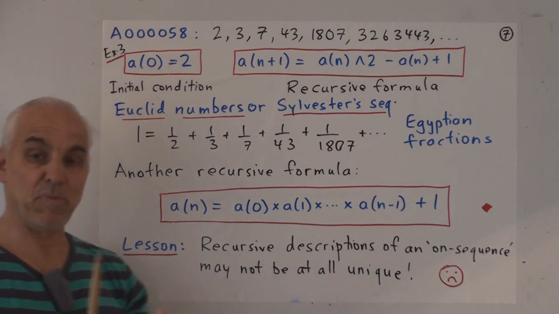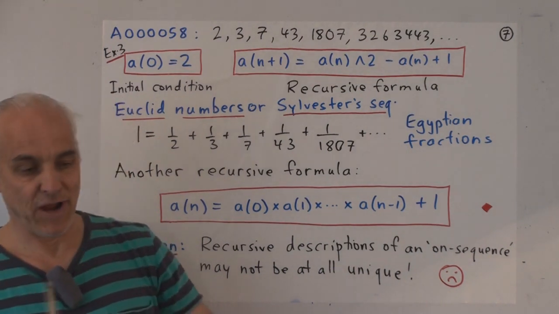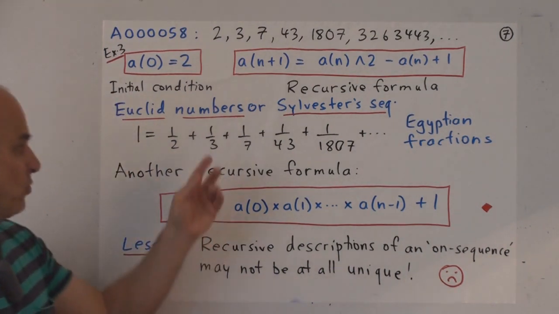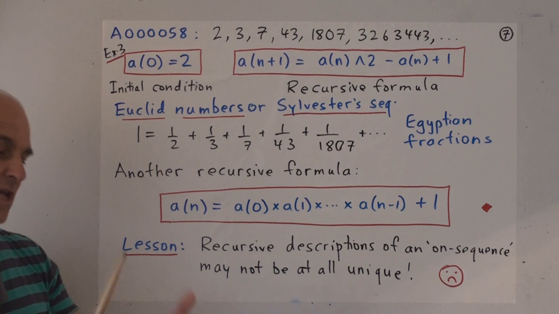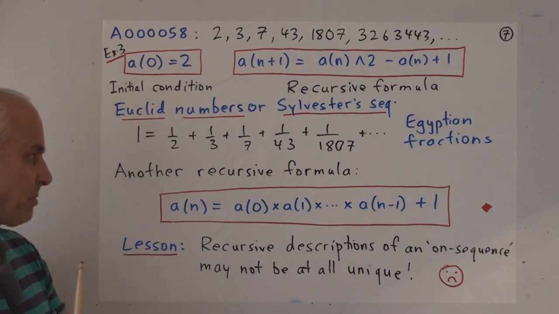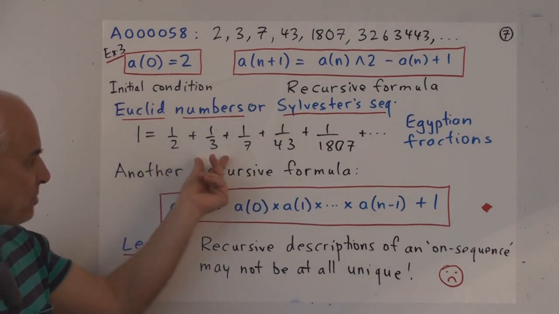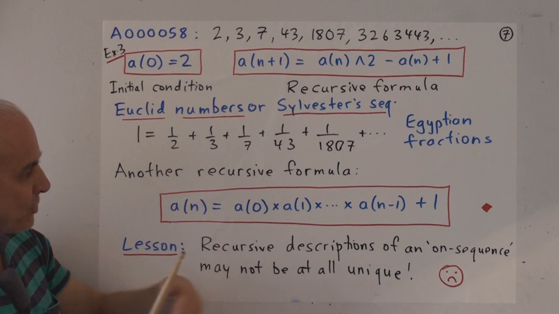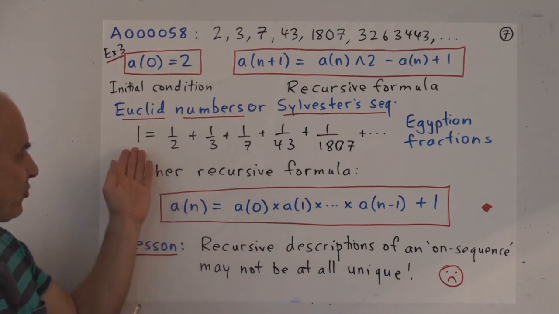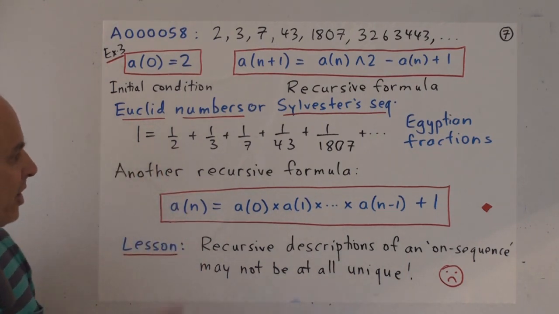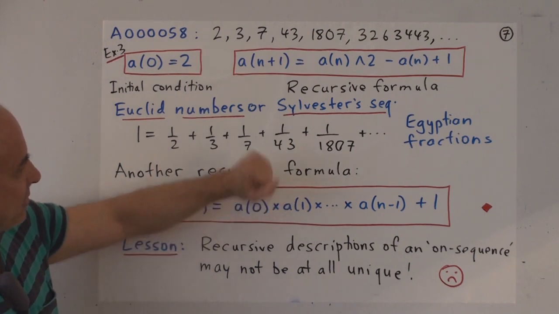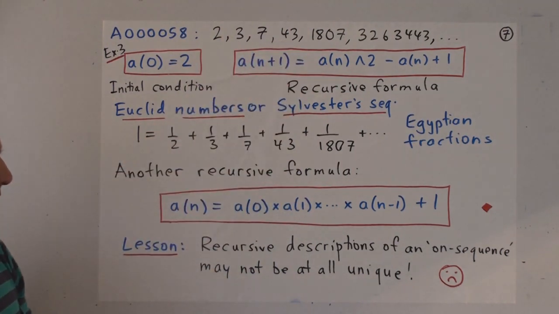And if we look at the biggest Egyptian fraction that we can take away from that, that's 1/3. So if we take that away and then ask, what's the biggest Egyptian fraction that we can take away from what's left, that turns out to be 1/7. And so the Egyptian fractions that you get by trying to write 1 as a sum are just those with denominators corresponding to these Euclid numbers.